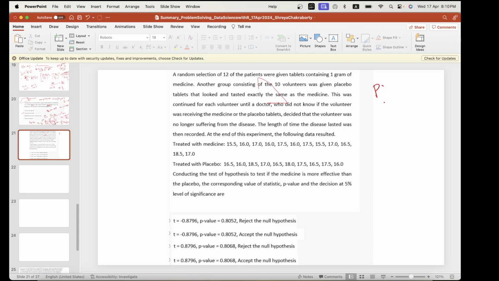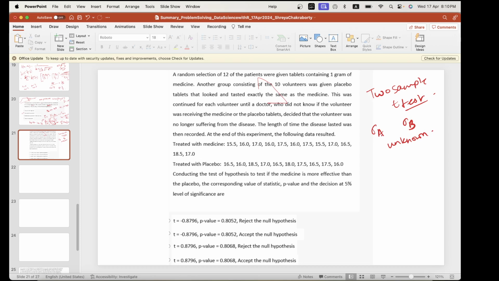This is not a paired t-test. This is actually a two sample t-test. Here sigma A and sigma B are unknown, because we are not given the variance of the length of time for the A cohort and for the B cohort.